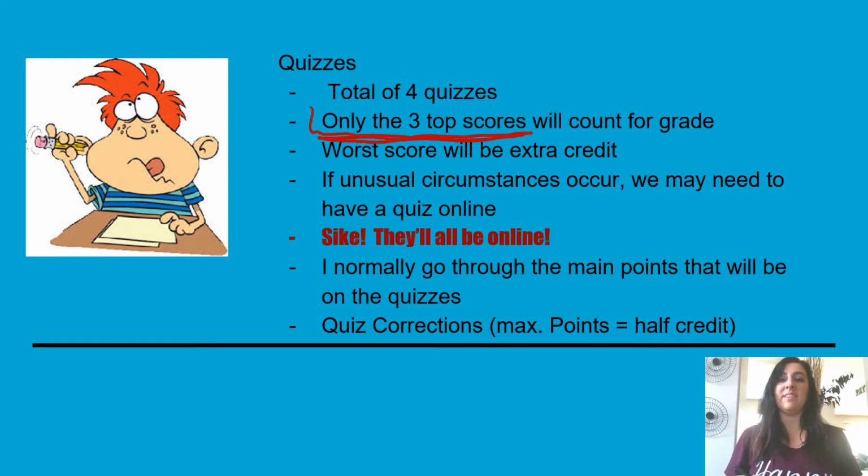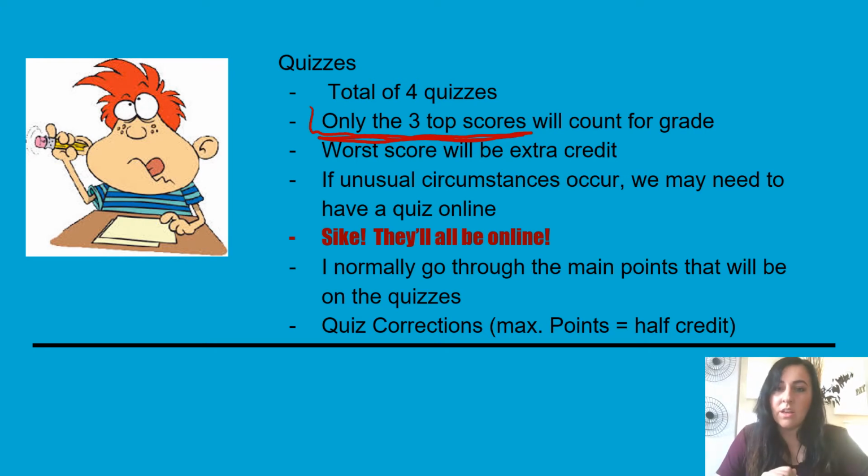Now, if you decide that you're not going to take all 4 quizzes, which there are always a couple who do that, then that sucks, because now you have no cushion. You're going to be dependent on how well you perform in the 3 quizzes that you did take, and your exams and everything else that you have. Most people don't get perfect scores on everything, so you definitely want to take all 4 quizzes.